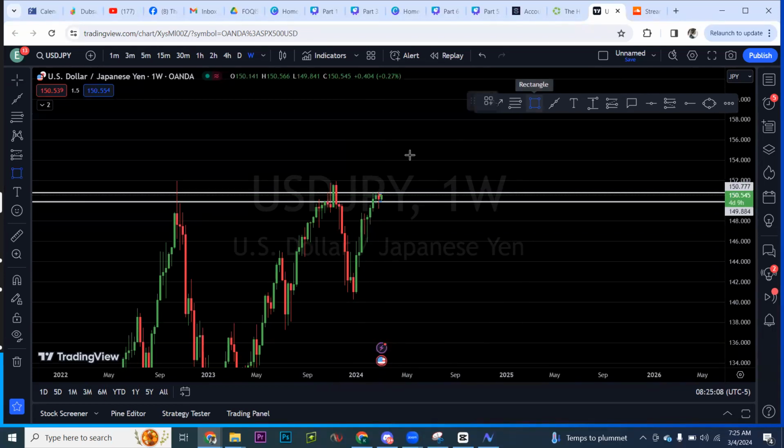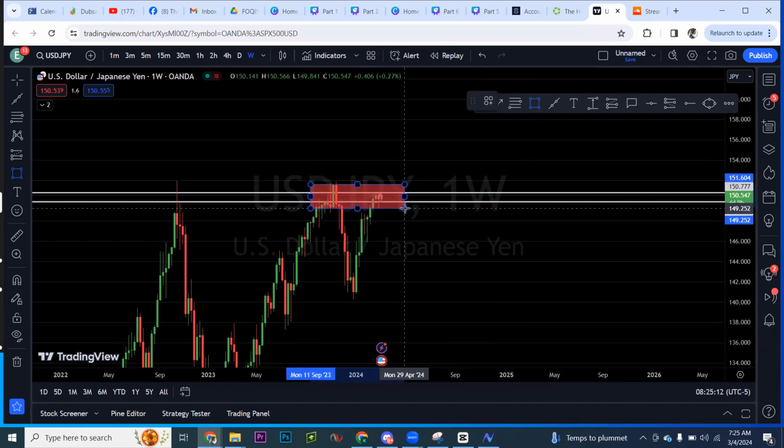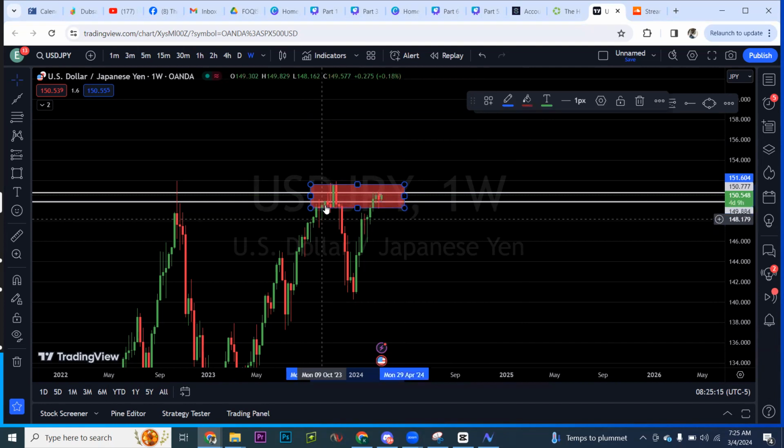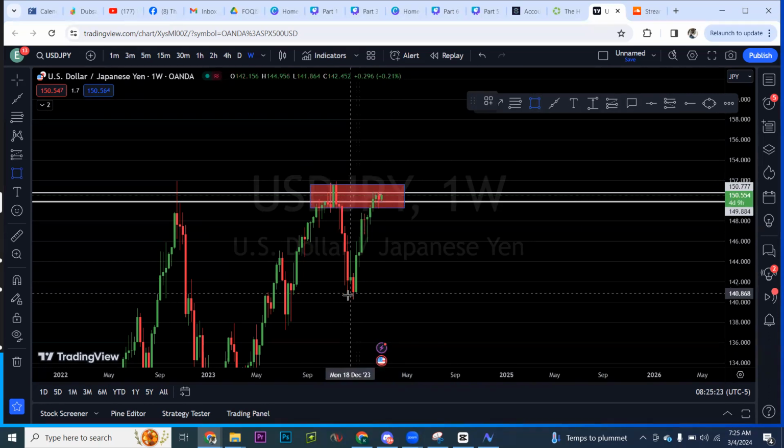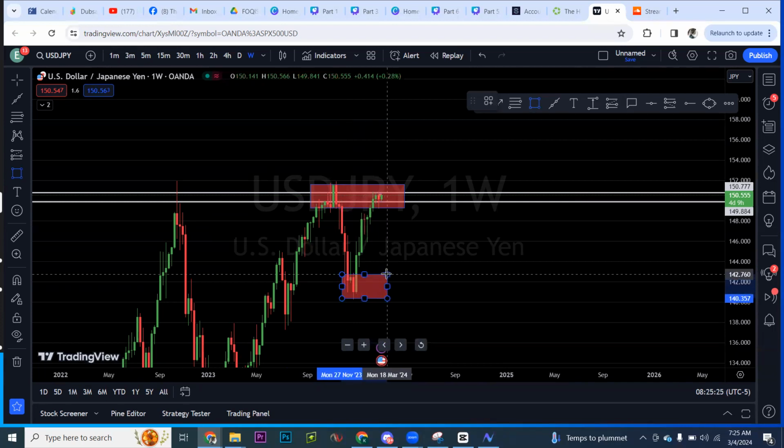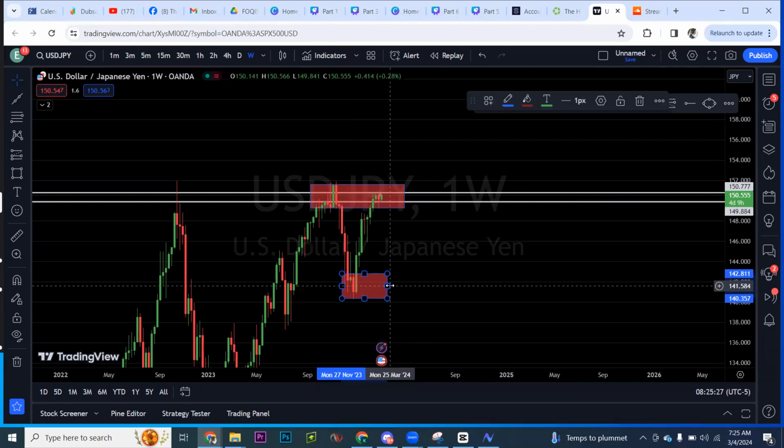Let's take those two zones and mark them like we know how. Take the opposite colored candle from where the beginning of the downward move started. Cover that whole green candle. Take another rectangle, this beginning of this upward move. So now you know what zone you're in. Keep in mind, this is a weekly chart.